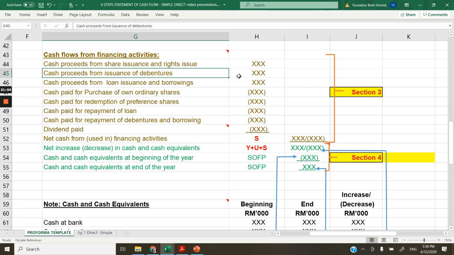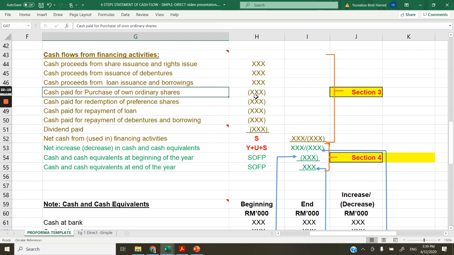You may have to reconstruct the T account to find those missing cash receipts. You may have to reconstruct that also to find out what are the payments of cash that you make to acquire your own shares during the exercise of share buyback.